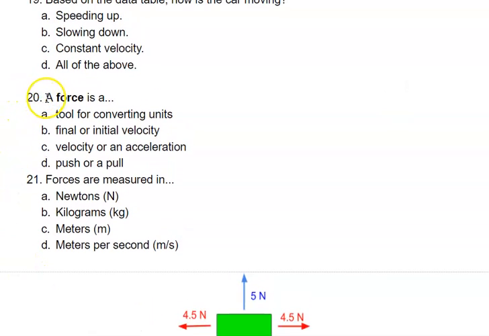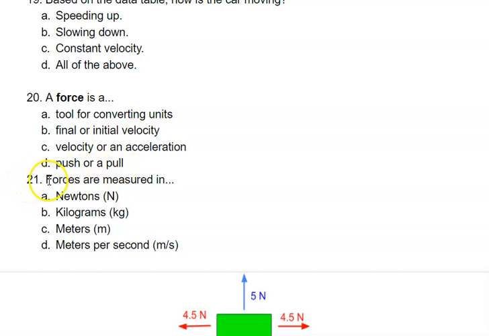Question 20. A force is A, a tool for converting units, B, final or initial velocity, C, velocity or an acceleration, D, a push or a pull.